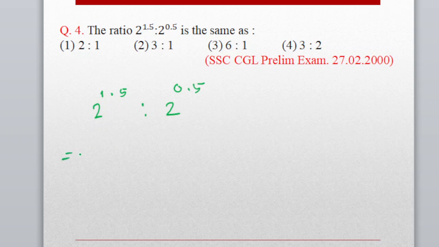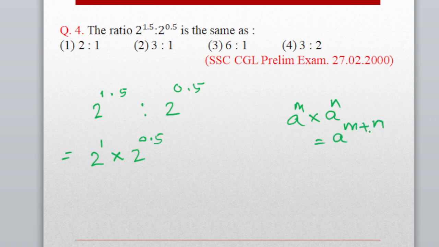Now the above can be written as 2 to the power 1 into 2 to the power 0.5. As we know that a to the power m into a to the power n is equal to a to the power m plus n. So here then is to 2 to the power 0.5.